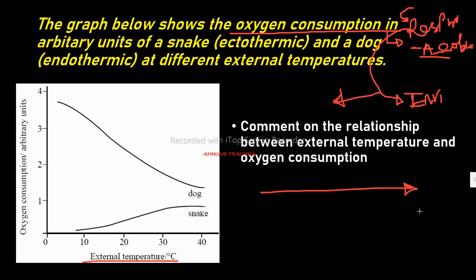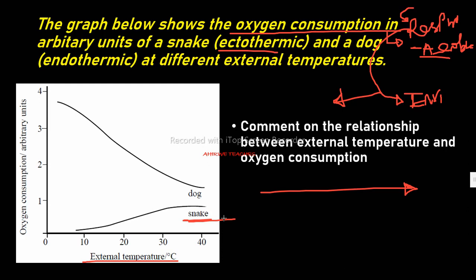and hence oxygen consumption. But in ectotherms, these are unable to regulate their body temperature, for example a snake, whereby they keep their body temperature in relation to the environmental temperature. So as the environmental temperature increases, the body temperature increases.